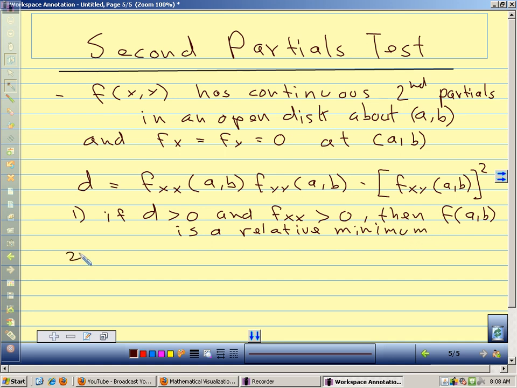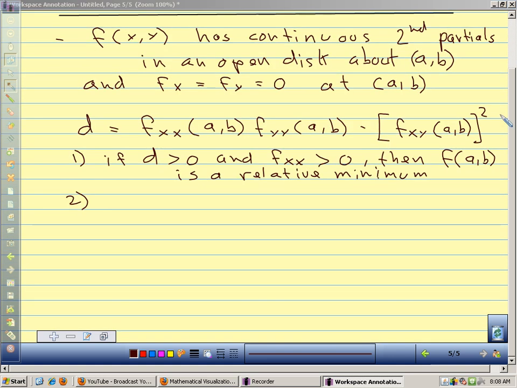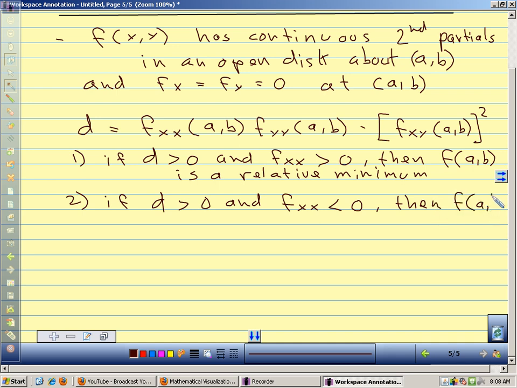Our second condition, if D is greater than 0 and f sub xx is less than 0, then our point is a relative maximum.